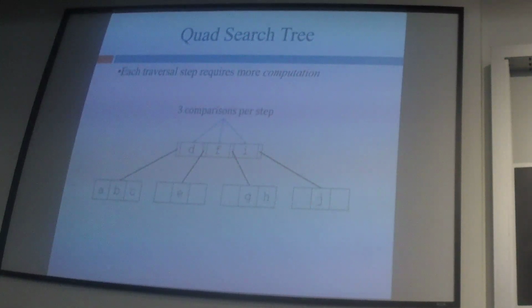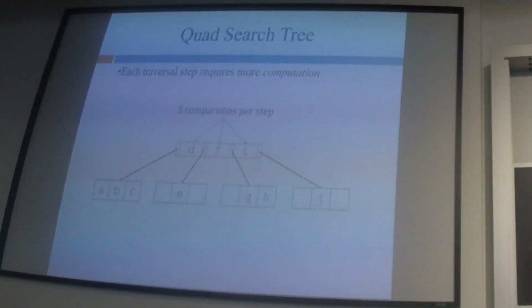So each traversal step now requires more computation. Instead of doing 1 comparison to figure out if I go left or right, I have to do a bunch of comparisons to figure out if I go down branch 0, 1, 2, or 3 at each node. So there is more computation per step, but there will be fewer steps because the tree is shallower.